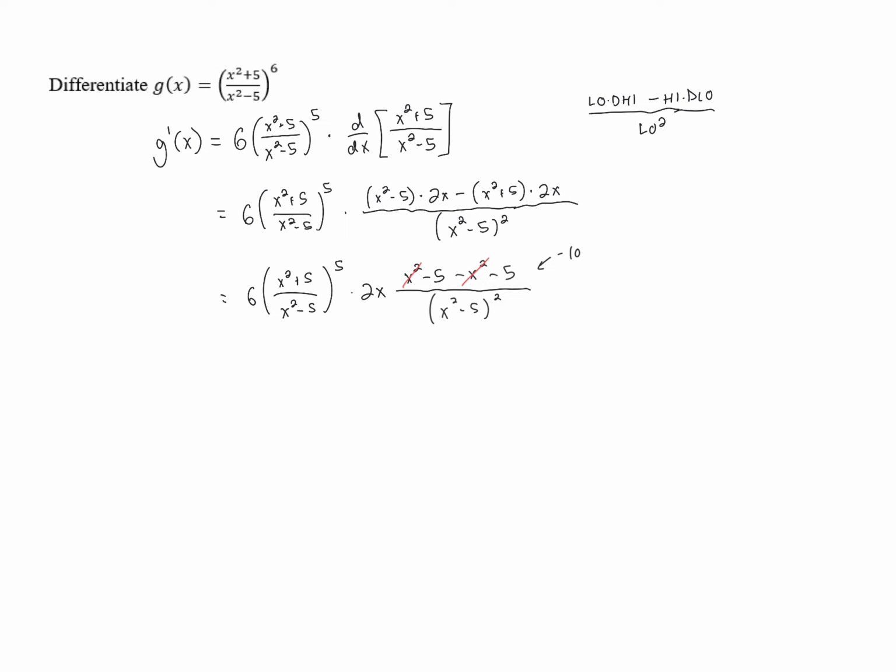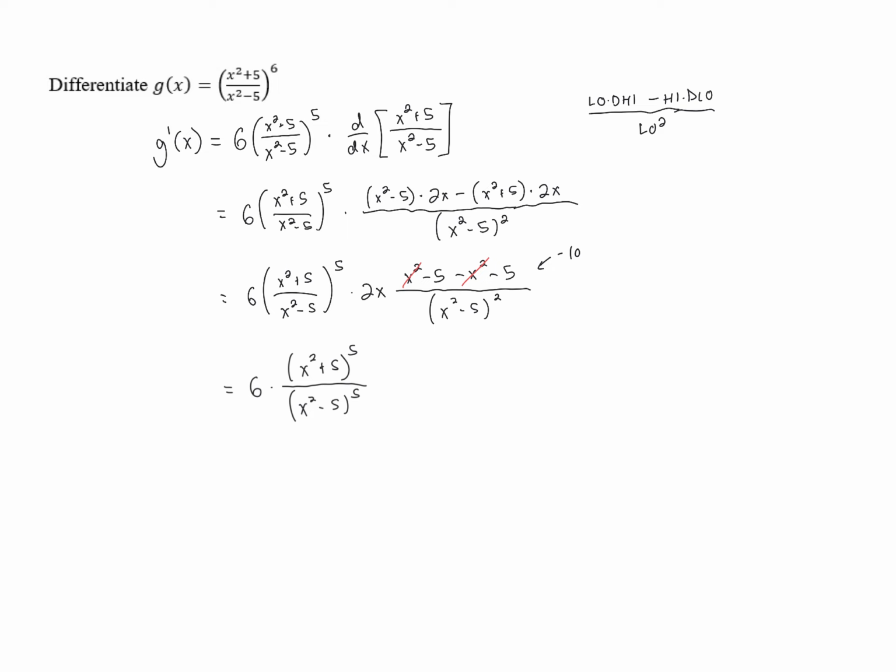And there's a couple of things that we're going to be able to do to simplify things. The first thing I want to do is take this whole fraction being raised to the 5th power, and split up the numerator and denominator. I want to write this as x squared plus 5 to the 5th power over x squared minus 5 to the 5th power.